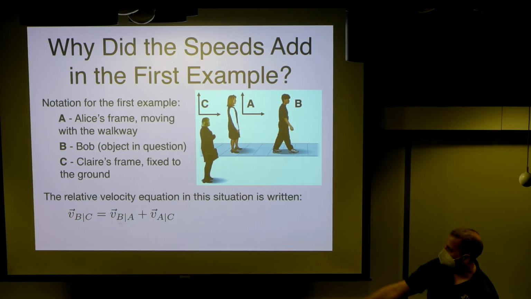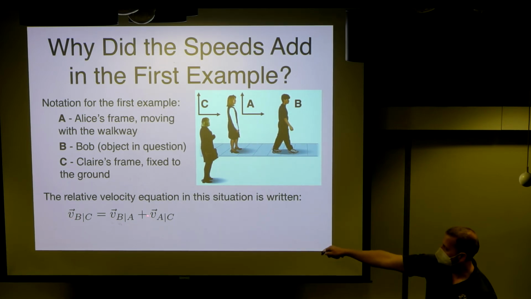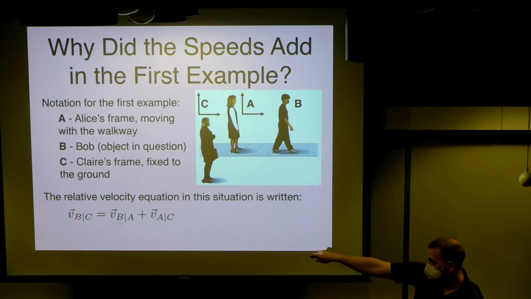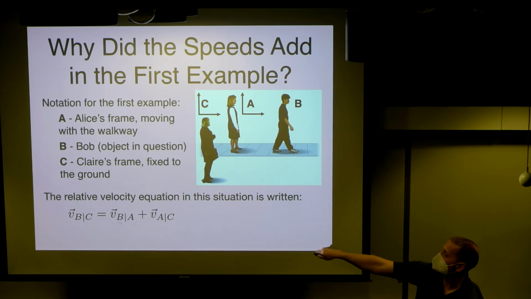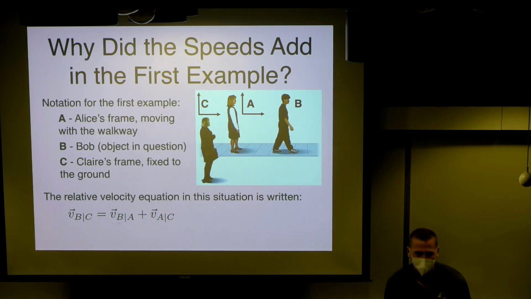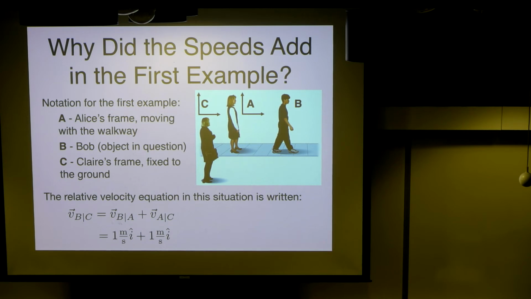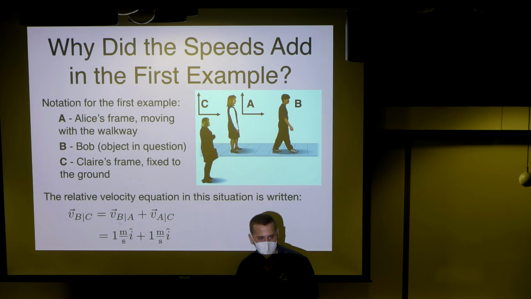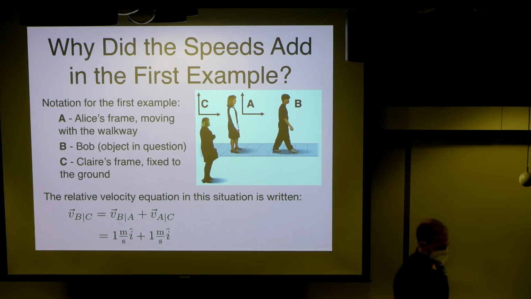So we have VBC equals VBA plus VAC. Let's say this in words real quick. The velocity of Bob relative to Claire equals the velocity of Bob relative to Alice plus the velocity of Alice relative to Claire. And of course, what goes in each one of those is just 1 meter per second i hat, assuming we're taking the right to be the positive x direction.